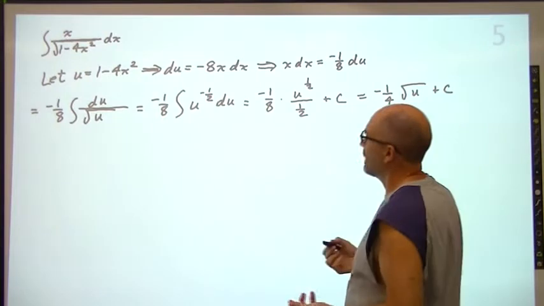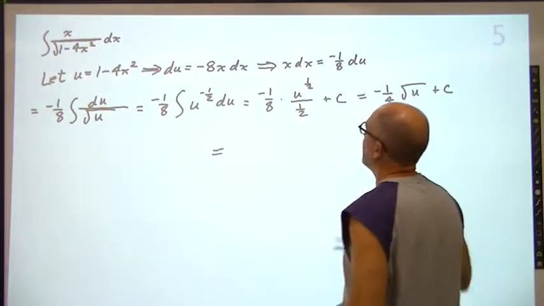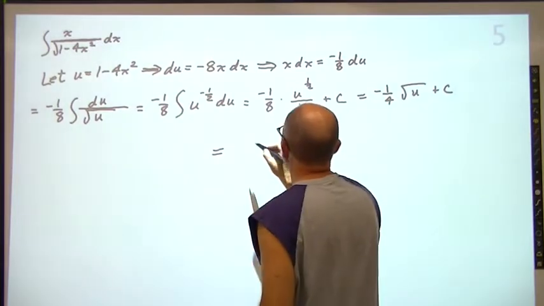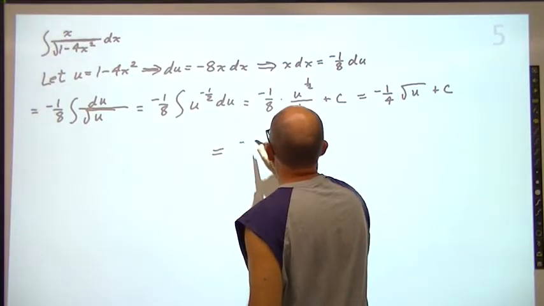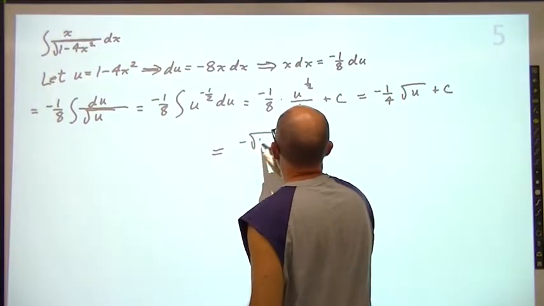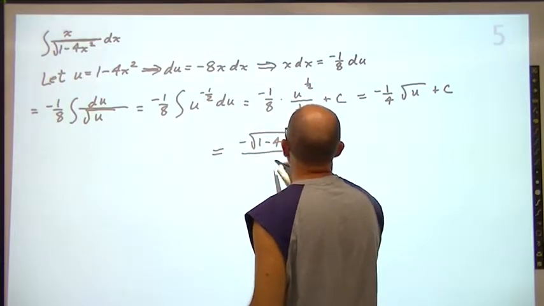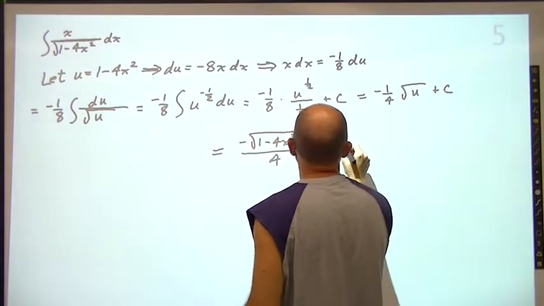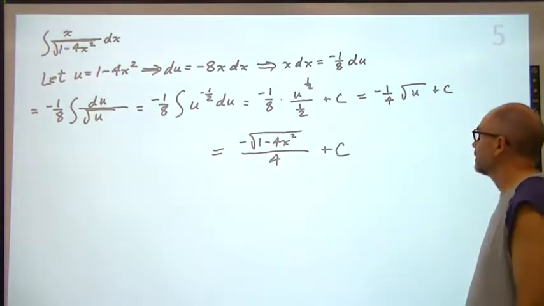And then the last step, of course, is to put the x's back in. So this becomes negative radical 1 minus 4x squared all over 4 plus c. That's it.